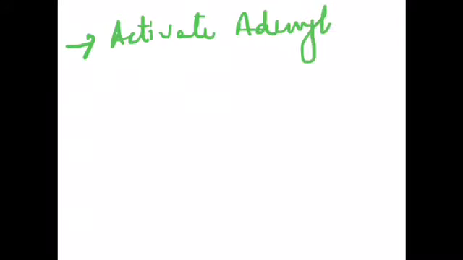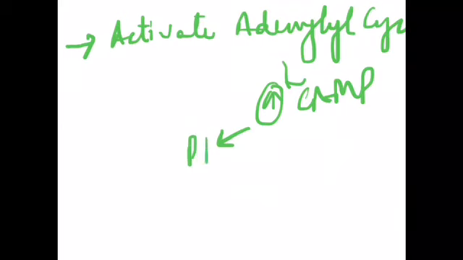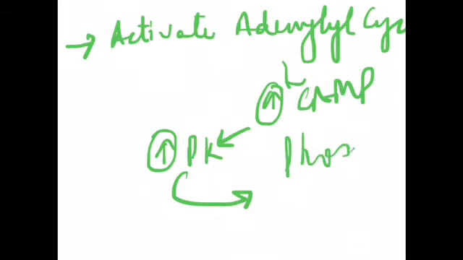What does it do? Activates adenylyl cyclase enzyme. What does it do? Increases cyclic AMP. What does cyclic AMP do? It activates certain protein kinase, increased activity of the protein kinase, and in turn protein kinase phosphorylates.